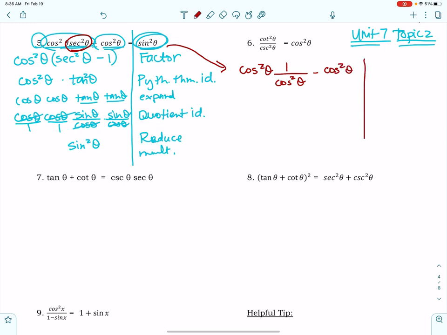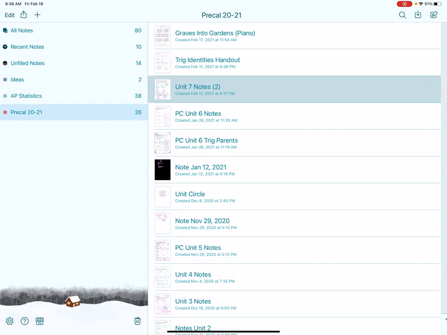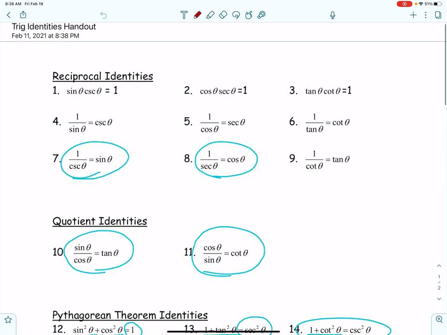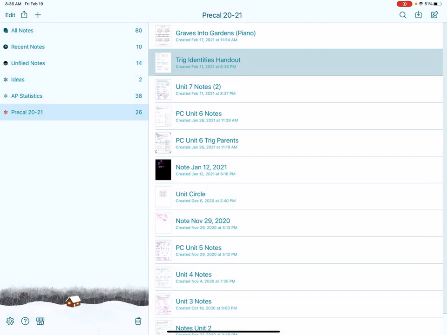Okay, and this of course would have been my reciprocal identity. So, because remember from my identities handout, I know that secant is equal to 1 over cosine, so secant squared would be equal to 1 over cosine squared.